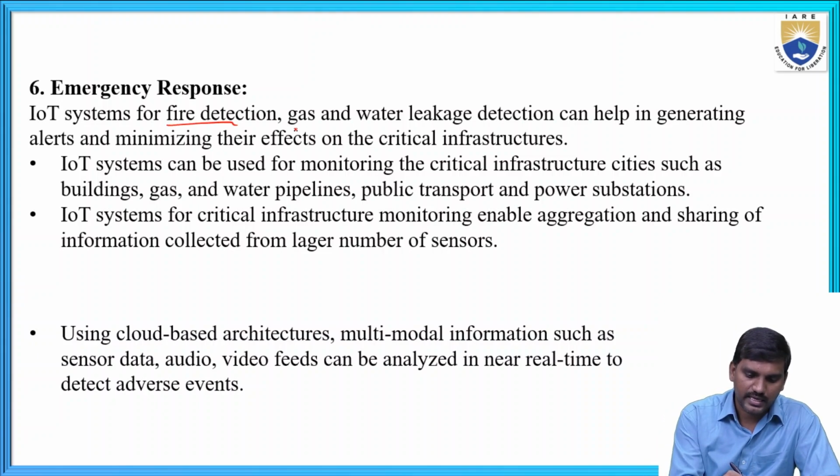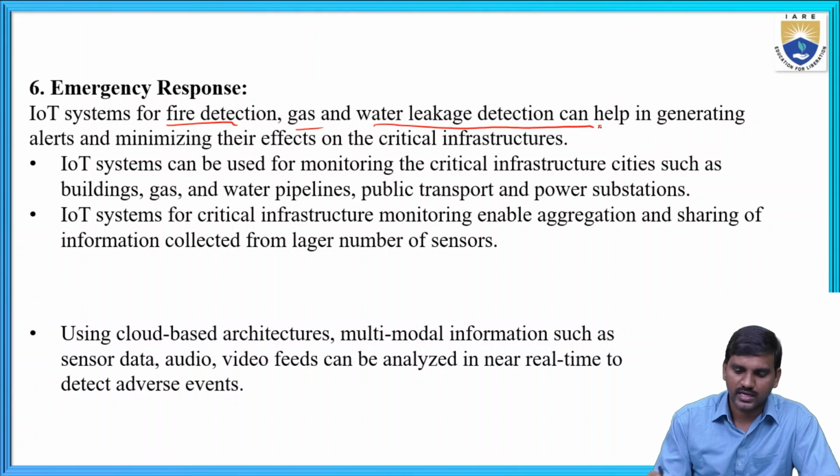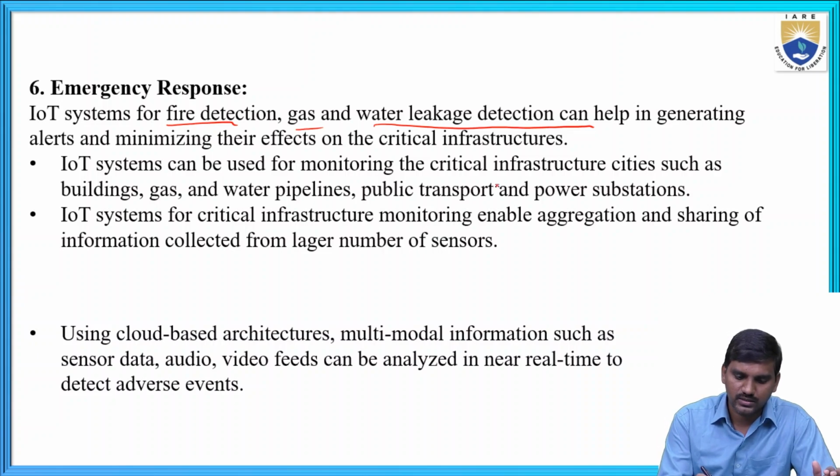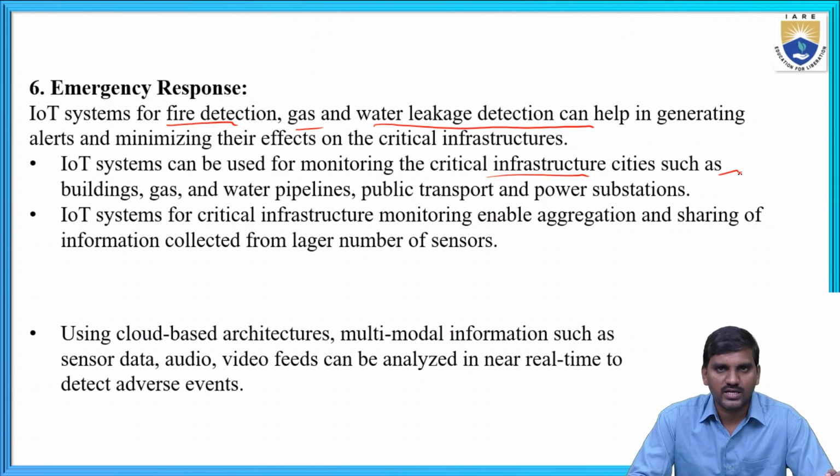Fire detection, gas, and water leakage detection can help in generating alerts and minimizing their effects on the critical infrastructures. IoT systems can be used for monitoring critical infrastructure in cities such as buildings, gas and water pipelines, public transport and power substations. So this is about the emergency response in various areas.